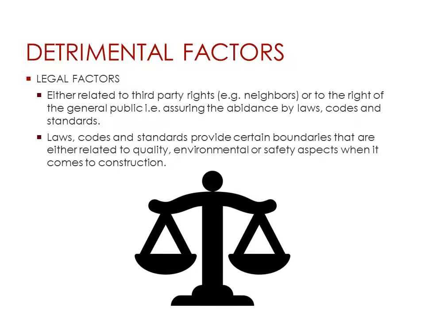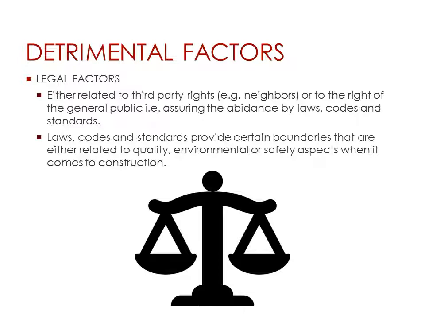Legal factors. Legal factors come into the picture either when we talk about third-party rights, issues of liability, neighbors for example, or when it comes to codes, laws, standards, related maybe to quality, environmental or safety aspects, when it comes to construction. So all of that will tell us that a certain method could not be used in some cases.